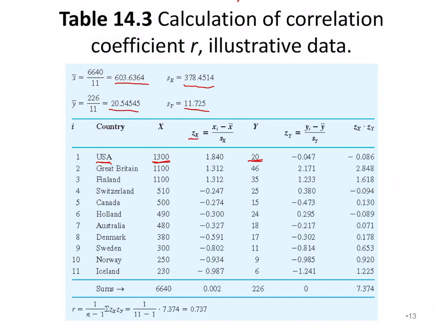To get your z of x, you take your x sub i, so for example, the answer is 1.840. In order to get that, I'm going to write over here, we're going to use this formula. You take 1300 minus your x bar, which is 603.6364, and you're going to divide it by the standard deviation of x, which is 378.4514.